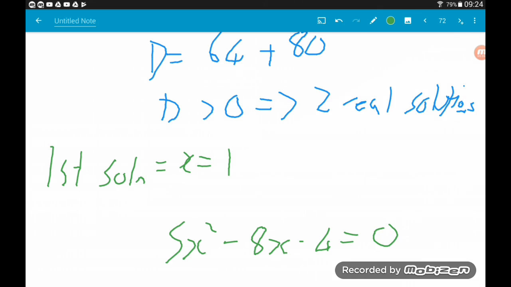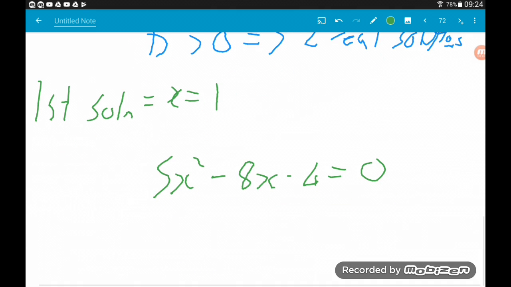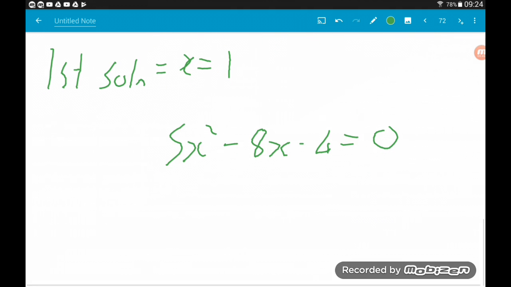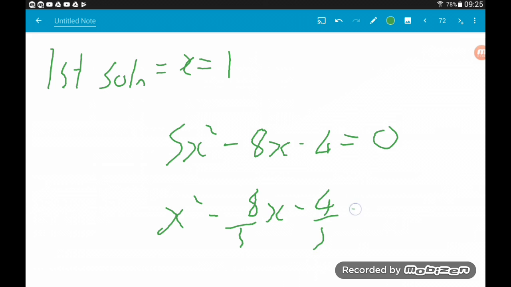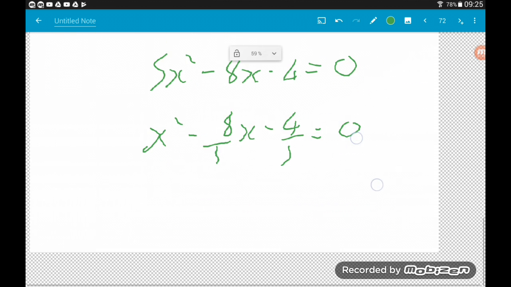Good times. Okay, so purely because I hate using the formula, I'm going to complete the square here. Oh, this is going to be completely horrible. Okay, so given that we've got an equals 0, we can divide the 5 away. So we're going to get x squared minus 8 fifths x minus 4 fifths is equal to 0. Now we can complete the square.